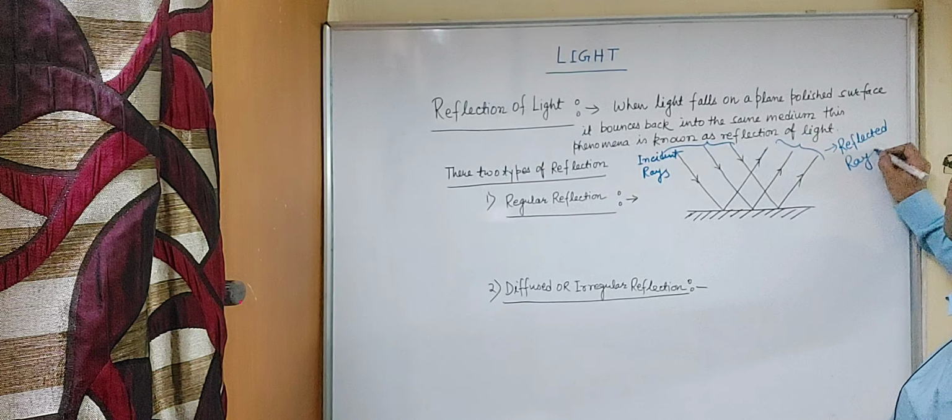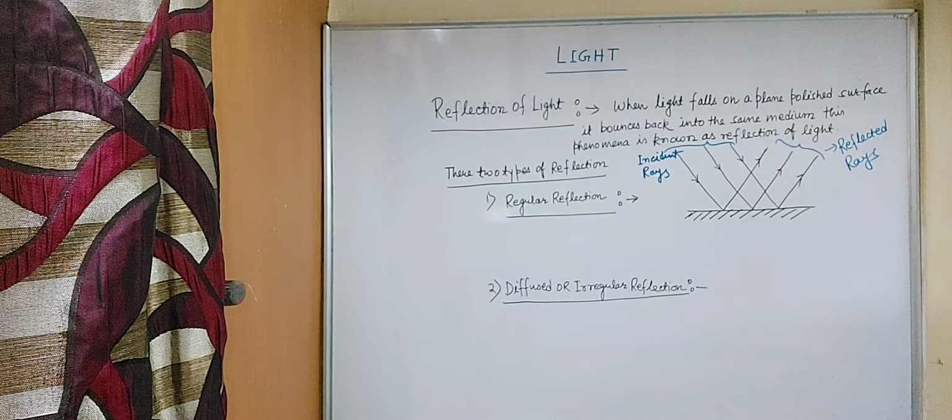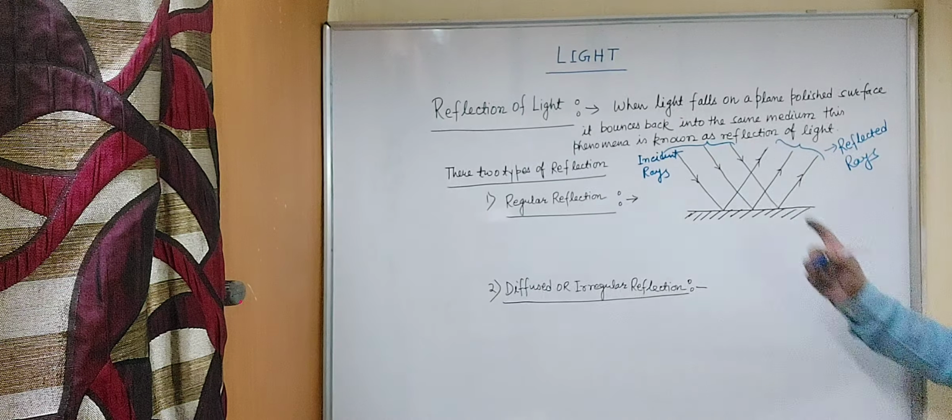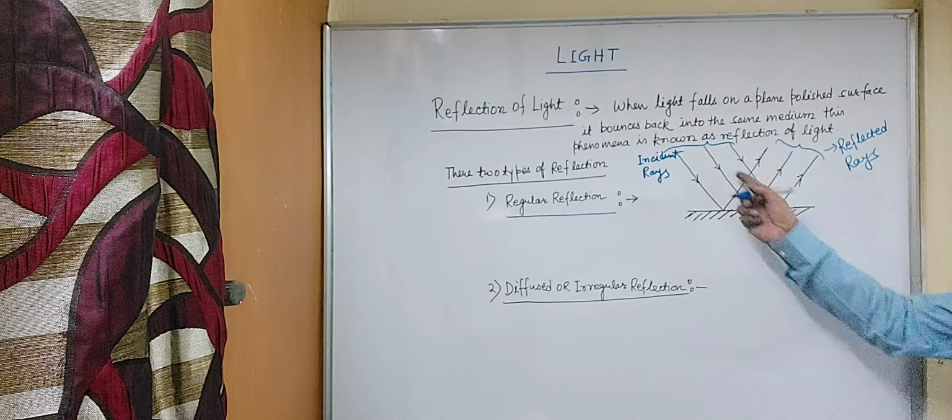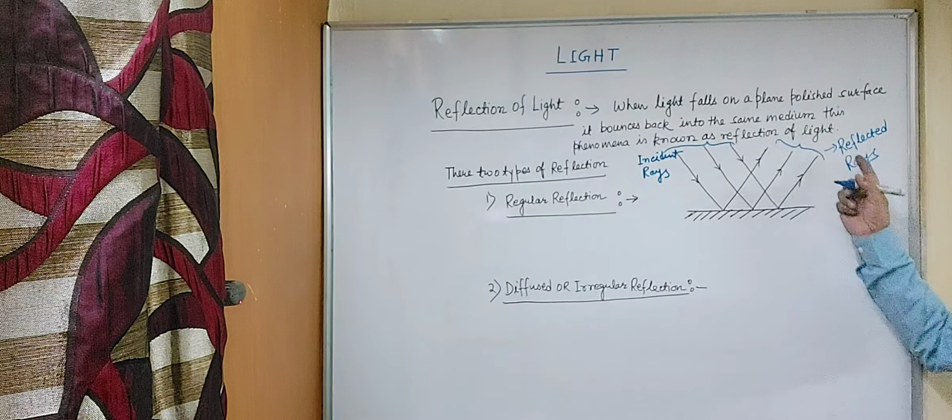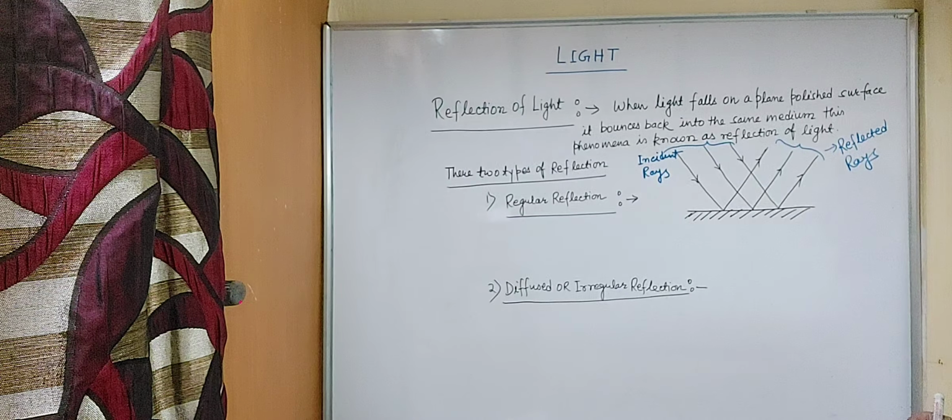Reflected rays. So you will see the incident rays are parallel to the reflected rays. They are parallel to each other. Here the parallel incident rays are parallel to each other, and the reflected rays are also parallel to each other.